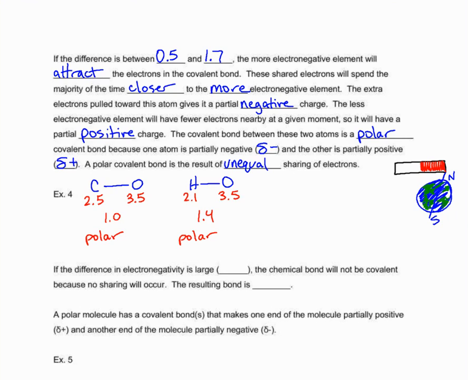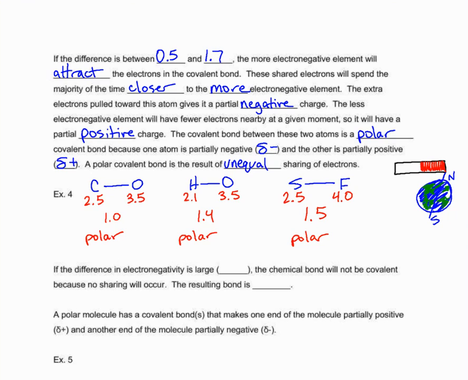Let's look at sulfur to fluorine. Sulfur, looking at my table, has a value of 2.5, and fluorine has a value of 4.0. The difference between these is 1.5, which makes it polar, and this one is also towards the upper end of polar.